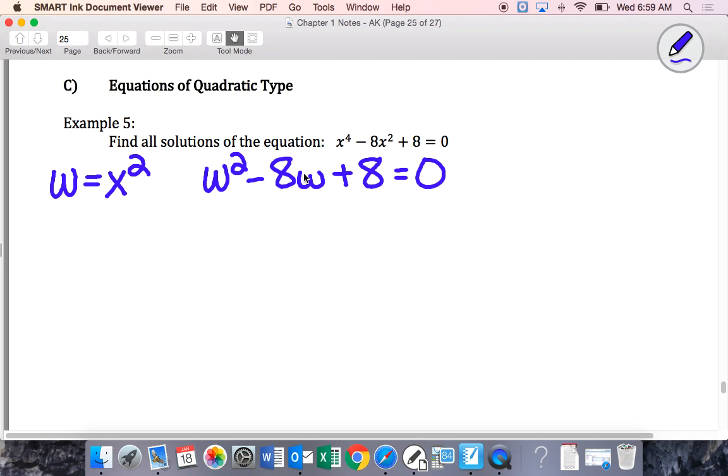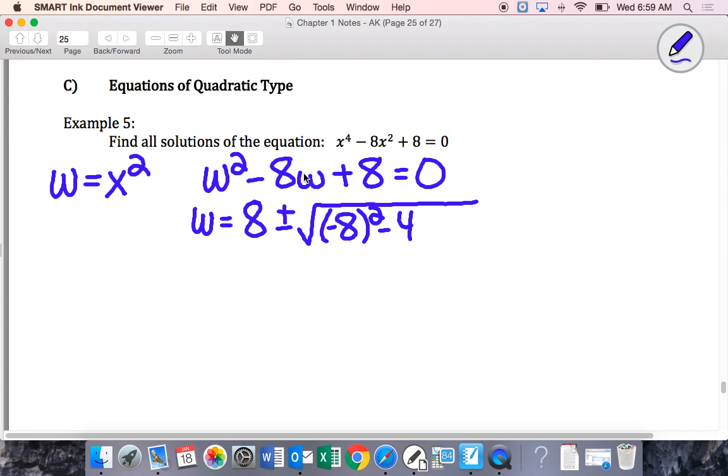So now when I go through my quadratic formula, we've got opposite of b, so positive 8, plus or minus the square root of negative 8 squared, minus 4 times a, which is 1, because again, in front of our w squared, there's a number 1, and then times our c, which is 8, all over 2 times 1.